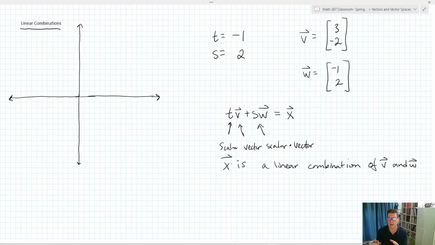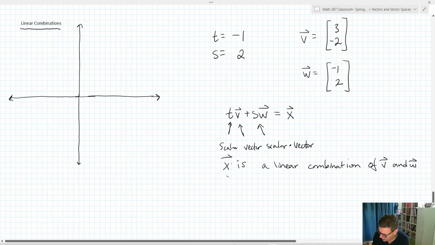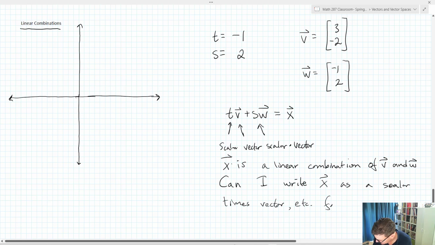It means, can I write x as a linear combination, some scalar times a vector plus a scalar times a vector, etc., for a set of vectors. And that's what I mean.